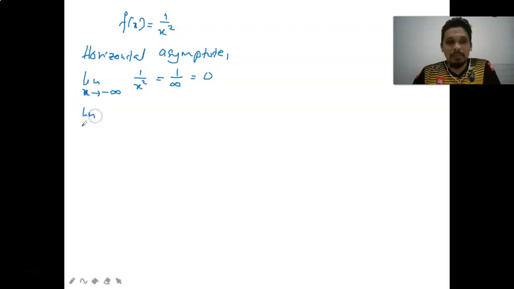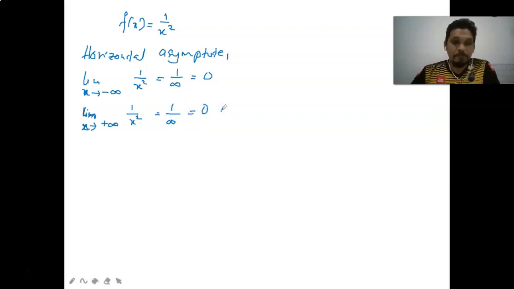Then the limit of x approaching positive infinity of the function 1 over x squared. And also when x is getting bigger and bigger, x equal to 10, 100, and 1000 whatsoever, then the value of x squared becomes positive. 1 over a big positive value is just like 1 over infinity, then it is also approaching 0.